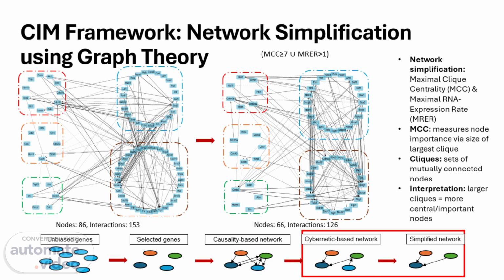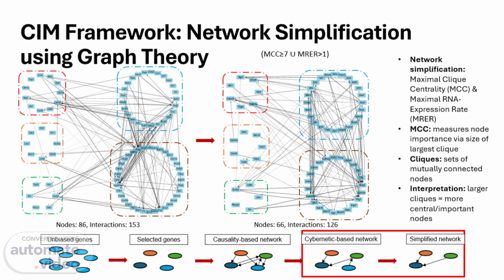Cliques are sets of mutually connected nodes. The interpretation is that larger cliques represent more central and important nodes within the network. We successfully reduced the network from 86 nodes and 153 interactions to 66 nodes and 126 interactions, retaining only the most critical regulatory components while maintaining an MCC score of 7 or higher and MRER greater than 1, indicating strong functional relevance.